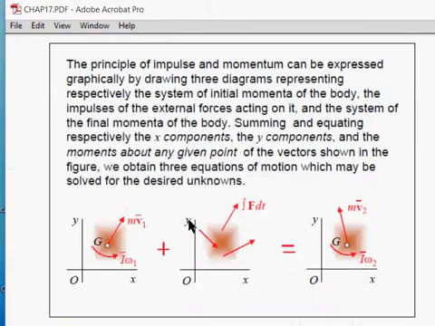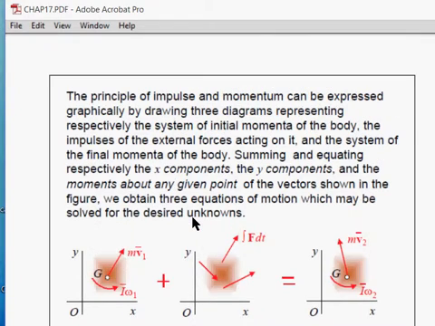Now this is important. Not only is the momentum changed, in that the car was traveling in the direction it was traveling, but it also produces rotation about the center of mass.